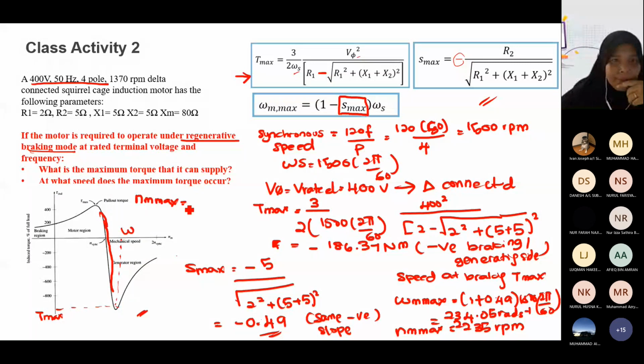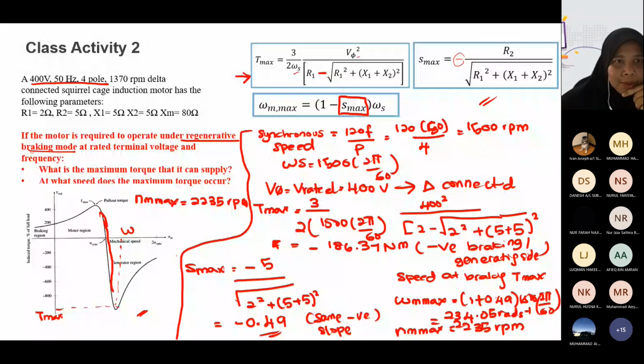So, this value, is it less or greater than the synchronous speed? Synchronous speed kat mana? Kat sini kan? 1500 RPM. But now, because it is in generating region, the omega max now is greater than omega s, or Nm max is greater than the synchronous speed ns.